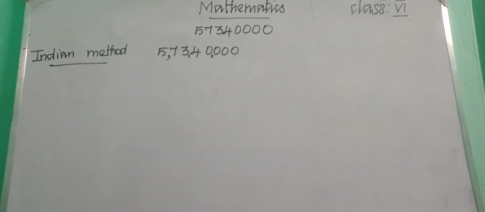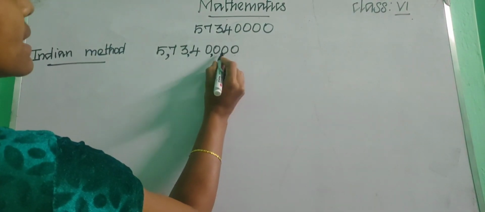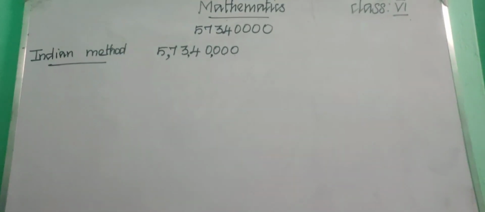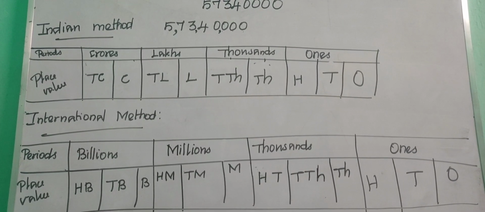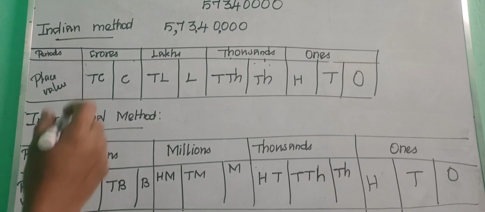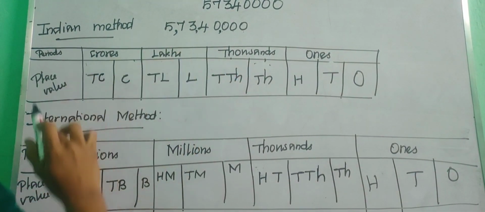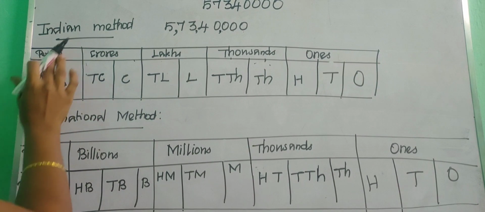We know the first ones are ones, tens, hundreds. So let us see the place value chart. Let me draw the place value chart here. First of all we are going to write the number name for this numeral. Here we just put commas, right? Let us write this under the place value chart.